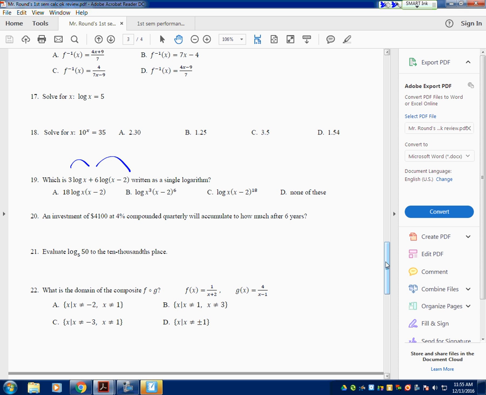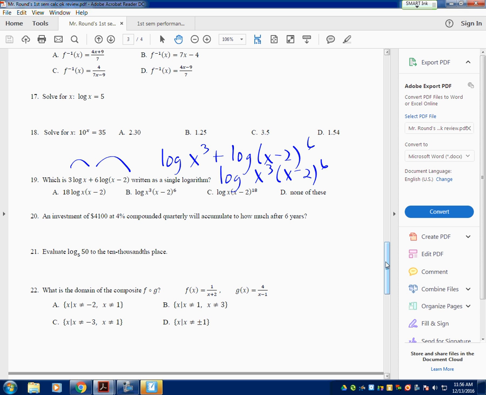And then we're going to just join the two arguments together as a product. First step would be write this as log of x to the third plus log of (x minus 2) to the 6th. Second one would be join those together as log of the product, x to the third times (x minus 2) to the 6th. Which is B. No calculator necessary on that.